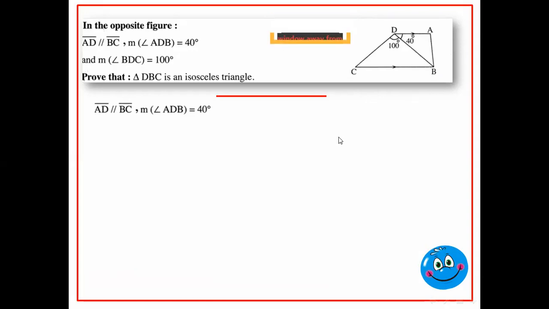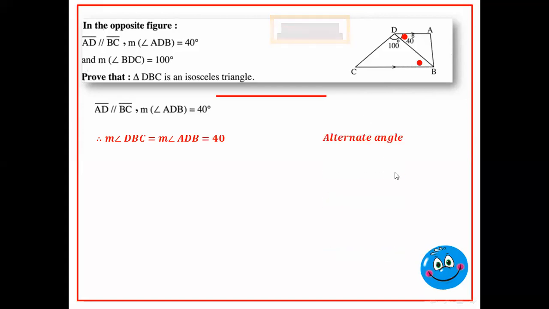So we deduce that the measure of angle ADB equals the measure of angle DBC, for the reason: alternate angles.